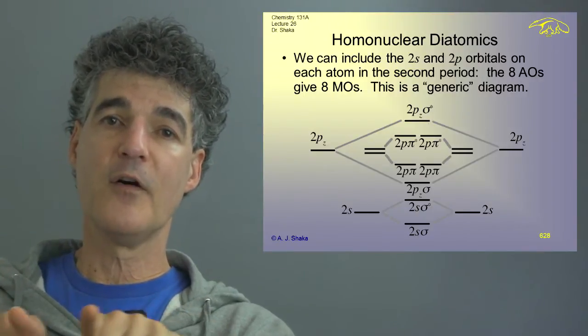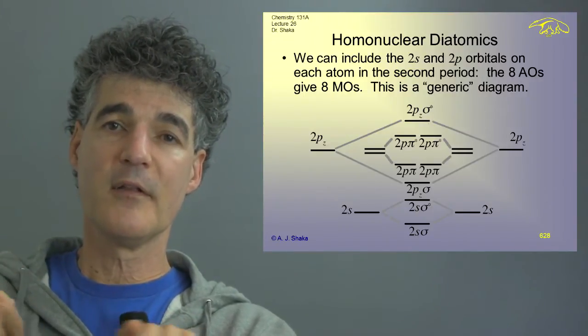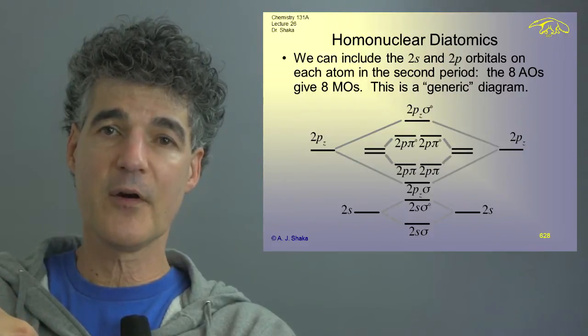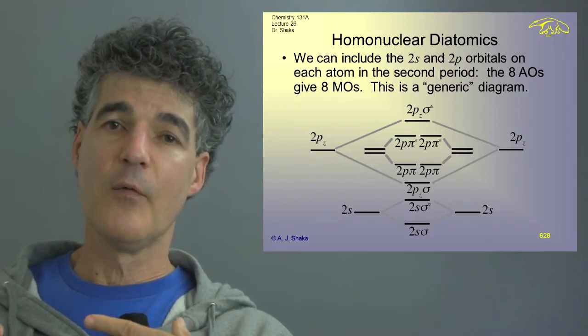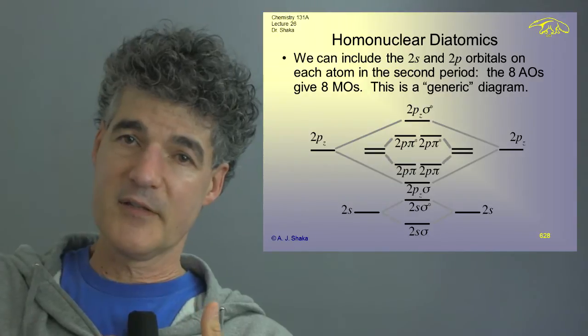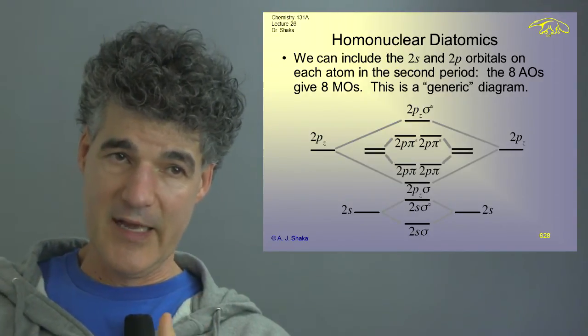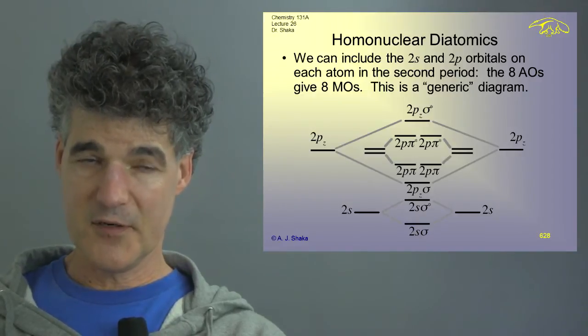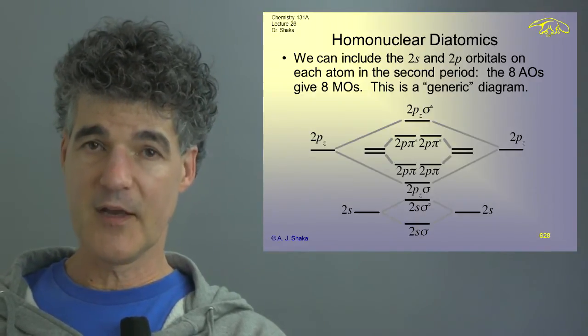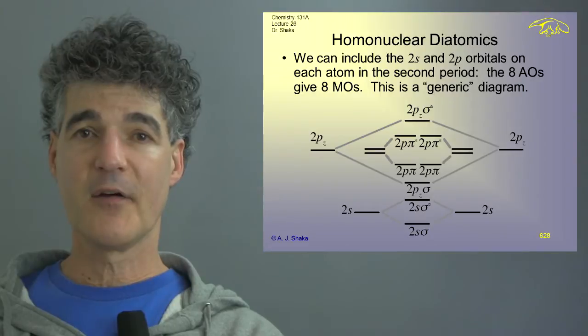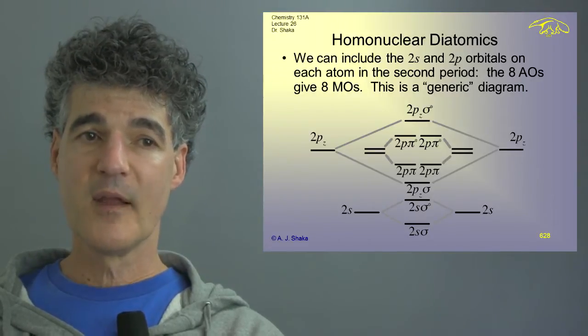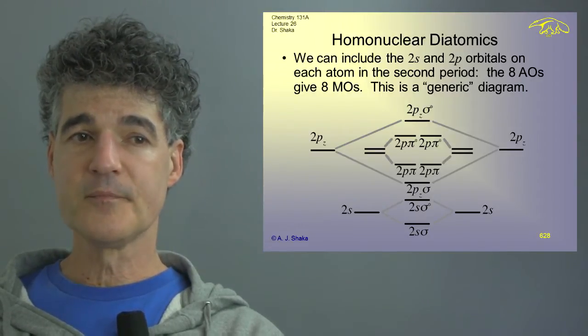Rather than having the lobes add up, they're the other way around. Those are the 2 anti-bonding pi orbitals. And then there's one where the pz has got the wrong sign compared to the other one. There's a big node, and that's the 2pz sigma star, which is usually on the top of the diagram as the least stable molecular orbital.